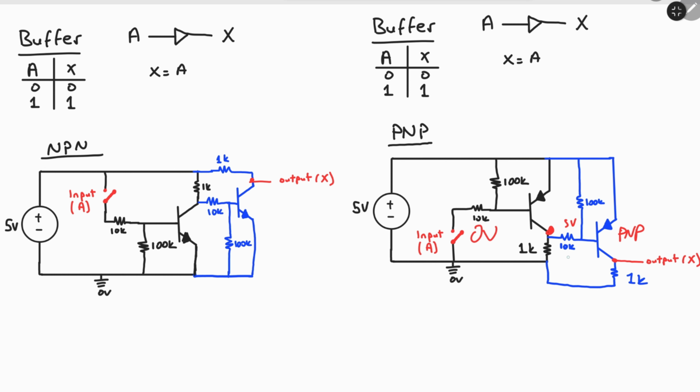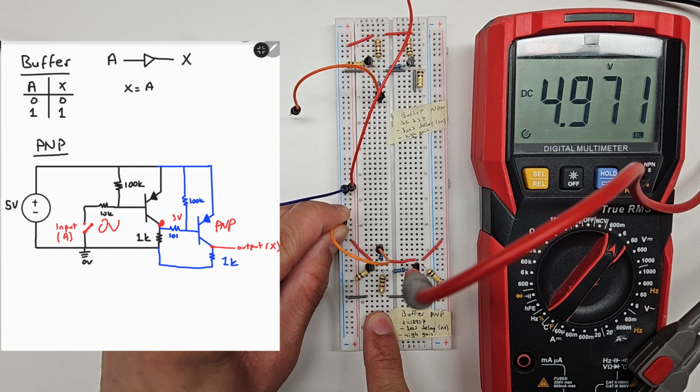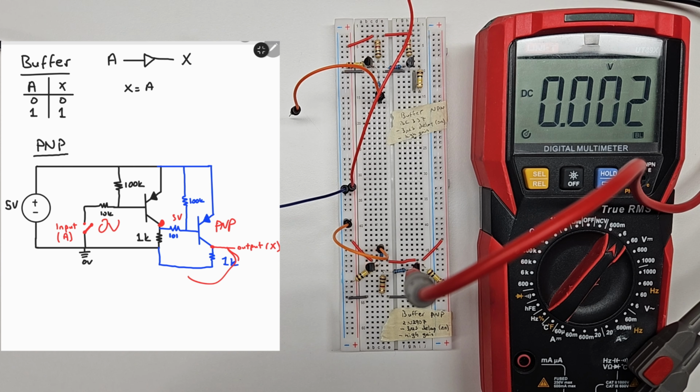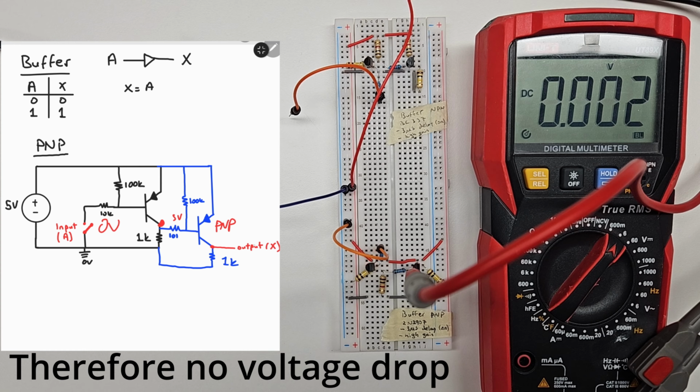And then when the other PNP sees the 5 volts, there is no current flow. So then it turns off. It doesn't allow any current flow. So the ground side is right now being seen, and it doesn't get shorted to the 5 volt side. And you might wonder why there's no voltage drop across this resistor when it's right now connected to ground. It's because there is no current flow in the output.